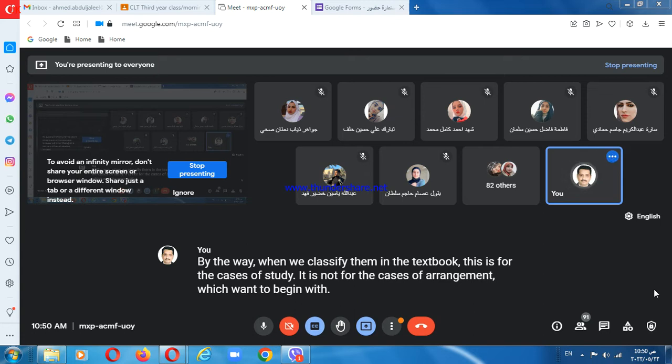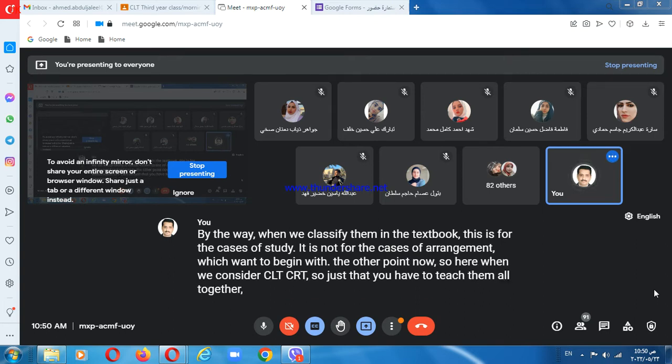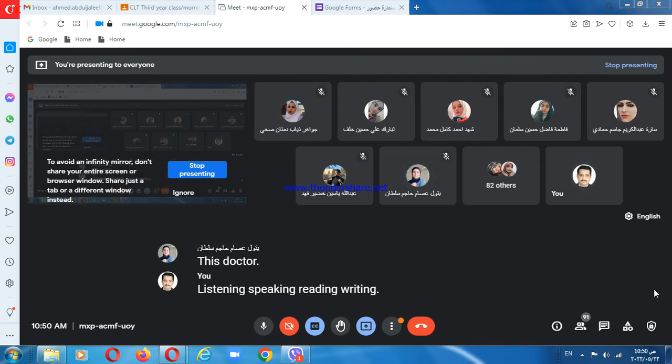The other point now. When we consider CLT, it suggests that you have to teach them all together. Listening, speaking, reading, writing in a classroom.